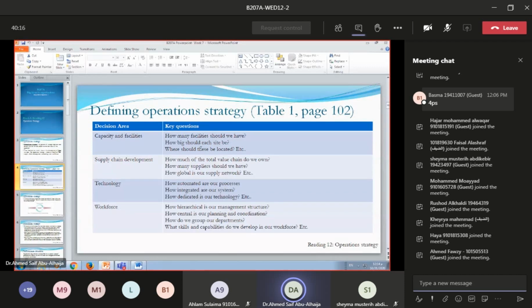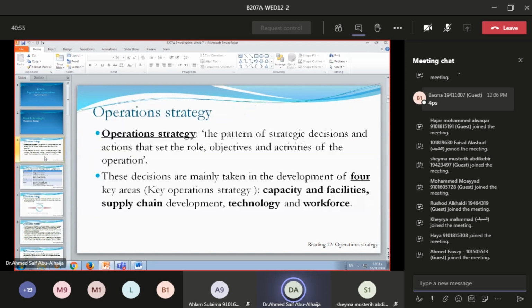If you ask those questions, and you can add many other questions depending on your company and your business nature, they can help you define your capacity and facilities: what kind of capacity and facilities you need, ingredients, equipment, materials, information. This will help you know how much you need and what kind. What about supply chain management or development? How do you need it? How to manage it? This question can help you define it. Technology and workforce, we already explained in this slide.